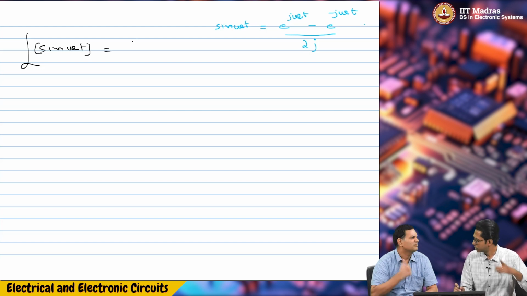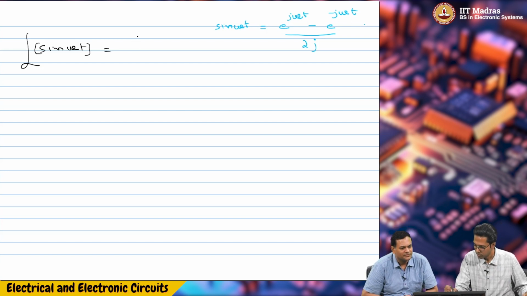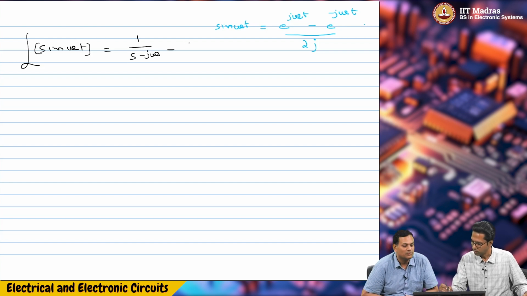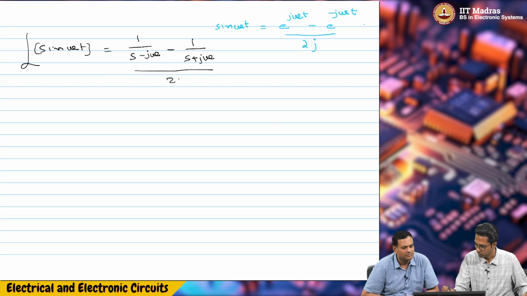Again, we will use our technique. So e power j omega t gives 1 by s minus j omega, but now we have a minus 1 by s plus j omega, divided by 2j.